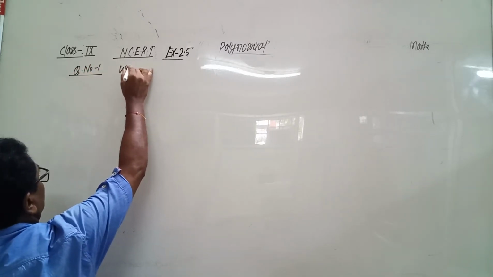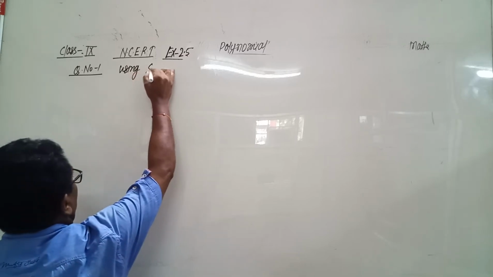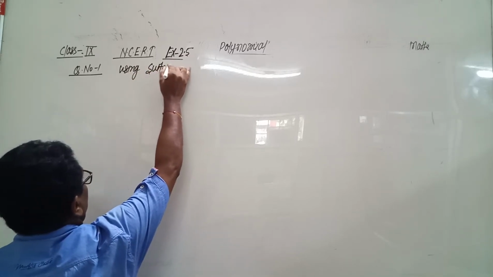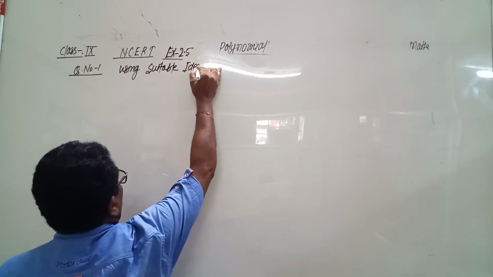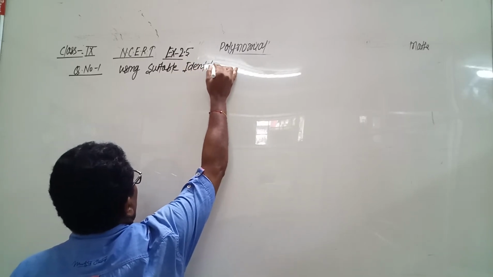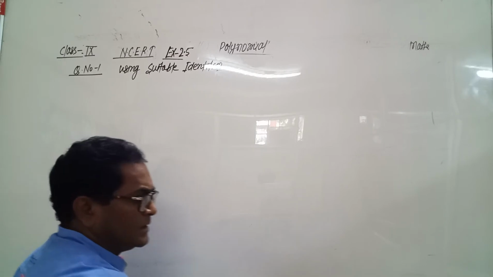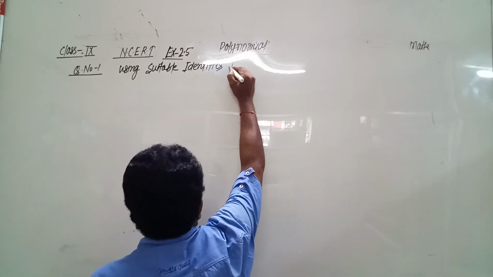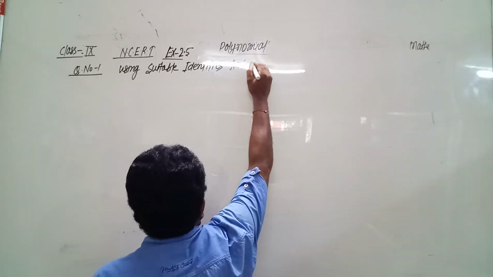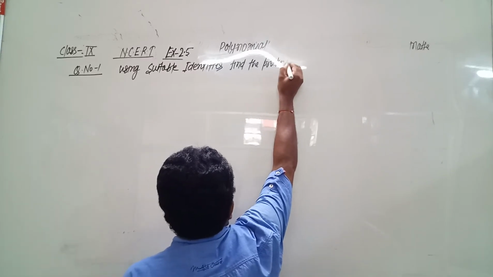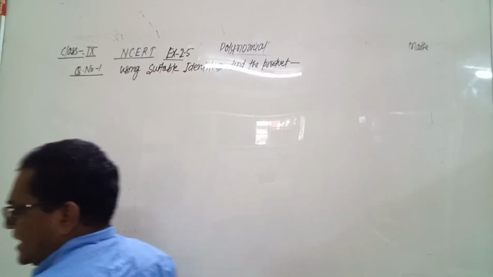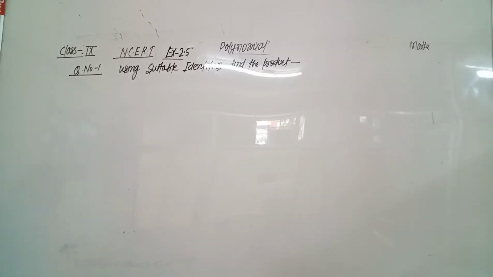Using suitable identities, we have to find the product of the given expressions.